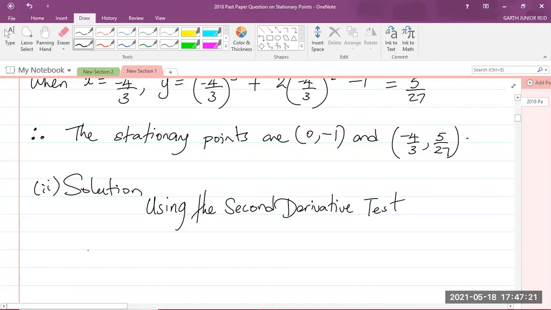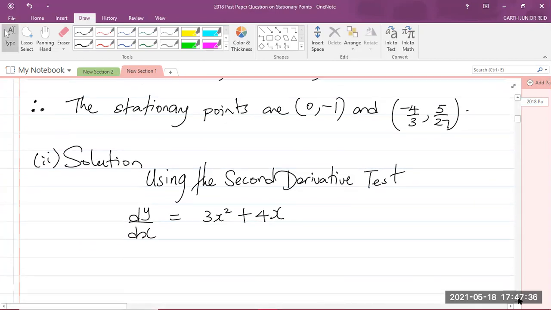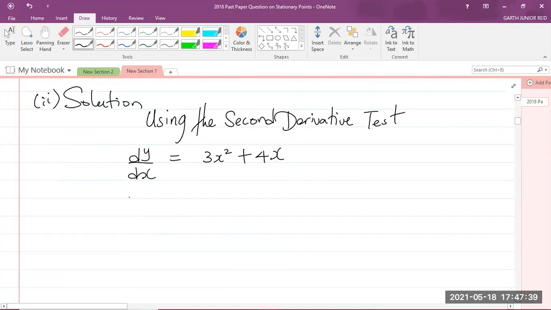Okay, good. So remember that we had calculated dy by dx to be 3x squared plus 4x, right? That is what we have. So I need to find the second derivative, which is d2y by dx squared, all right?